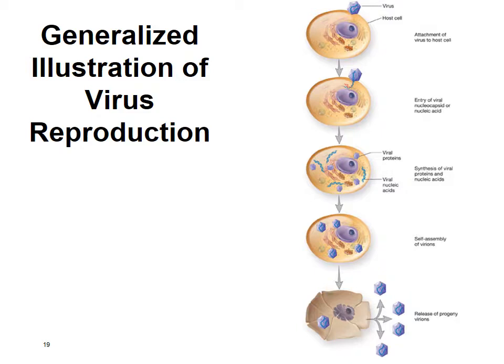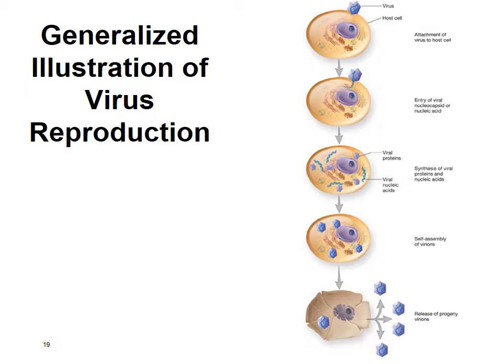And we can see here in the second step that only the nucleic acid itself is entering the host cell. If the nucleocapsid enters, then uncoating of the genome usually occurs, that is, release of the nucleic acid from the nucleocapsid. This usually occurs before further steps can occur.